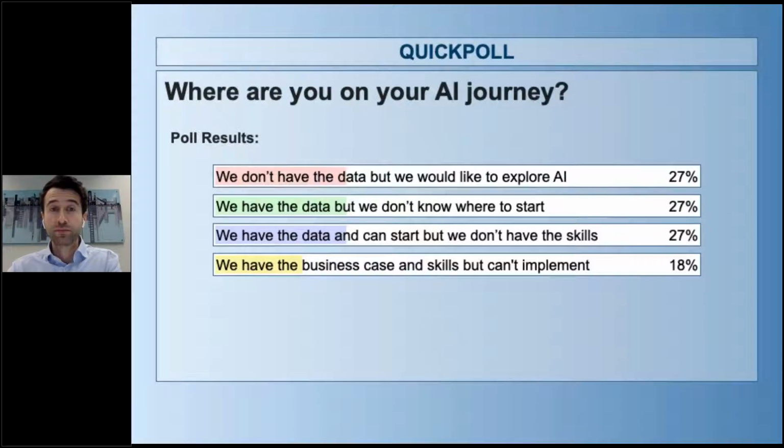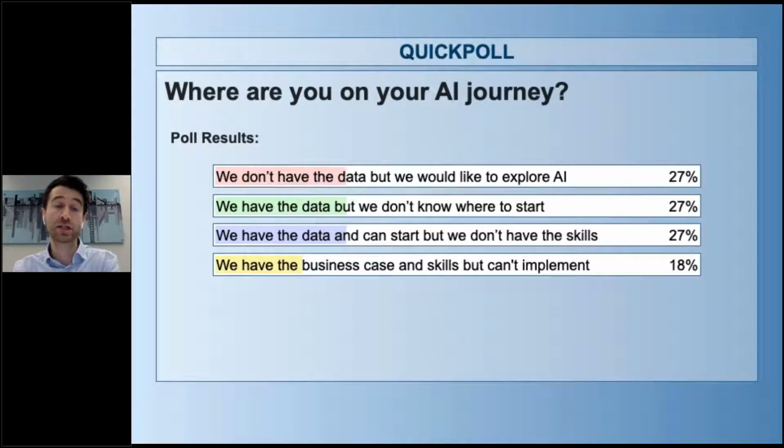A lot of people have said that they don't have the data they would like in order to explore AI, or perhaps they have that, but they don't know where to start. Or there could be a mix of that with different skill sets. That is true. And we see organizations struggling with all these different components.